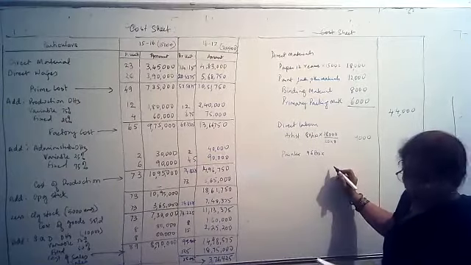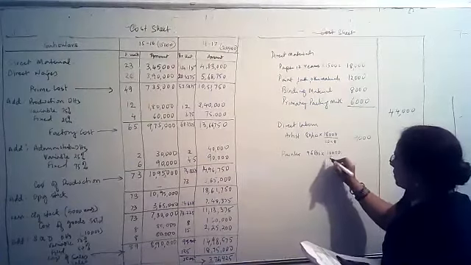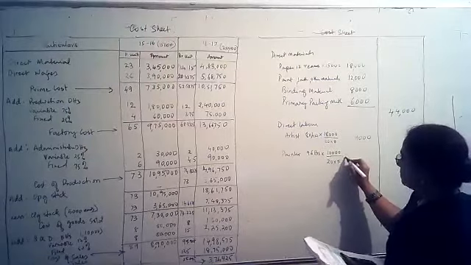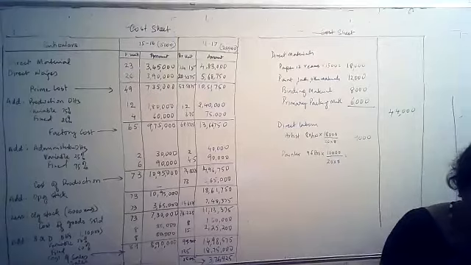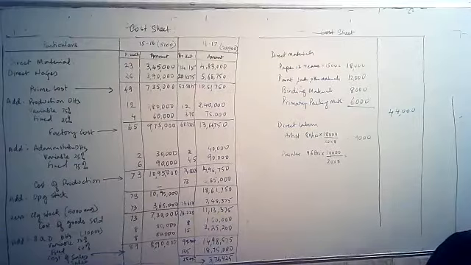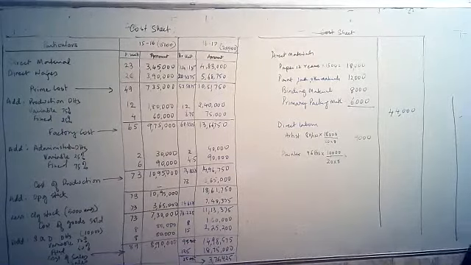He is paid 10,000 for how many hours? 20 into 8 again. So calculate this again. It is 10,000 divided by 160.